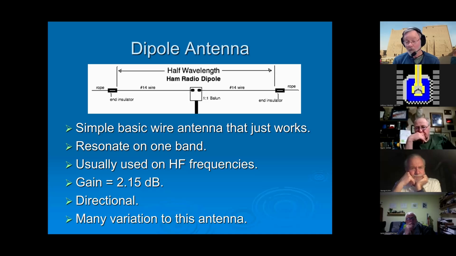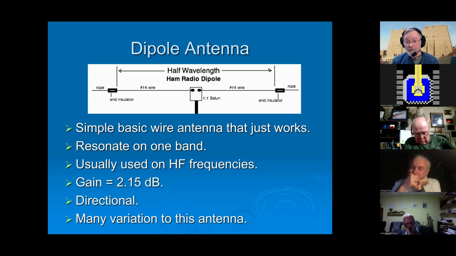And there are many, many different variations on a dipole that give you different kinds of benefits and also cause you some other problems. But again, this only gets really used in HF operations. The gain on this is usually about 2.15 dB, so it has a very modest amount of gain, but it does have some.